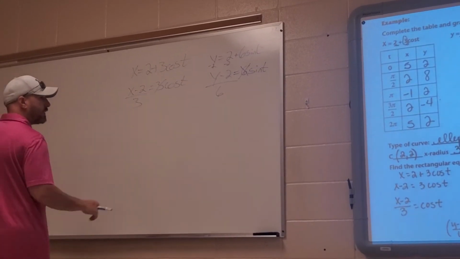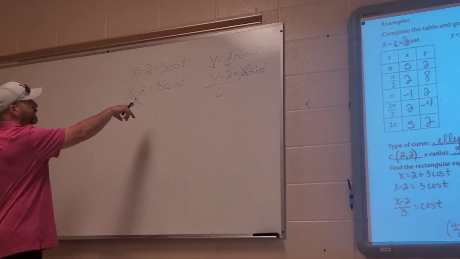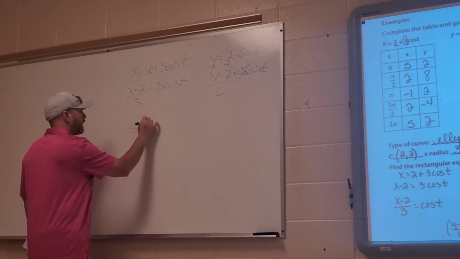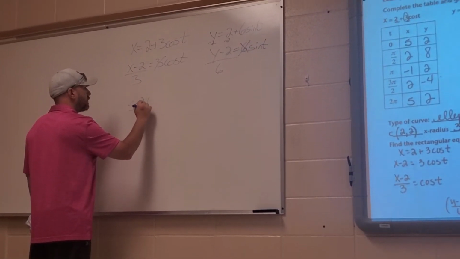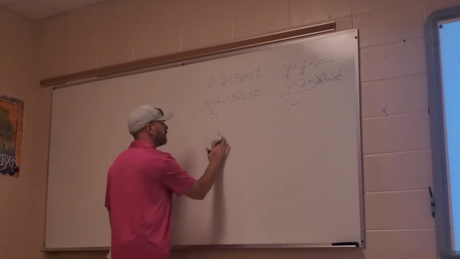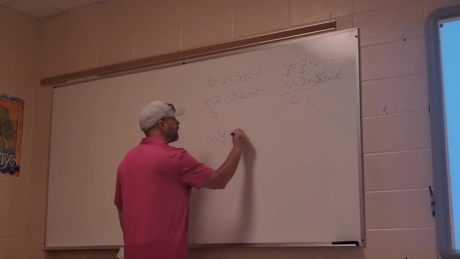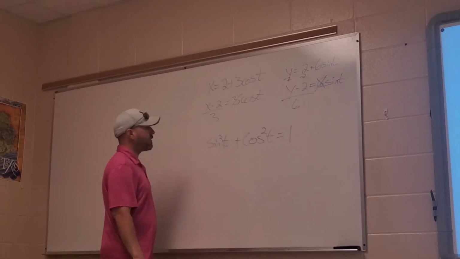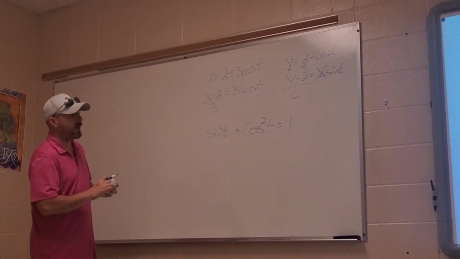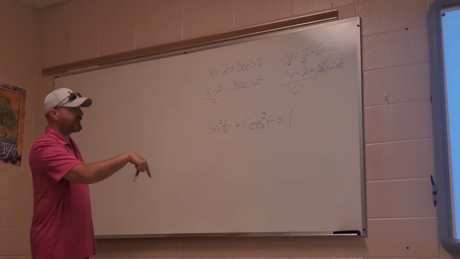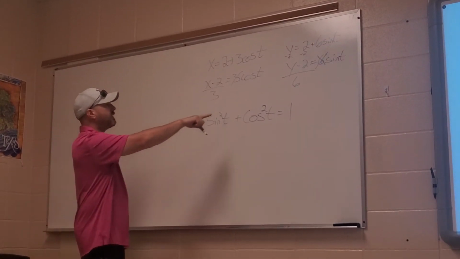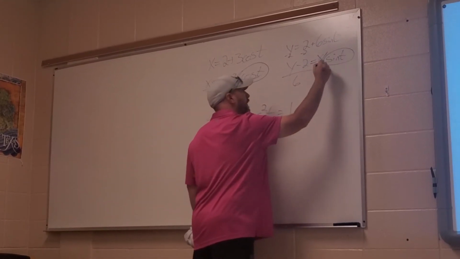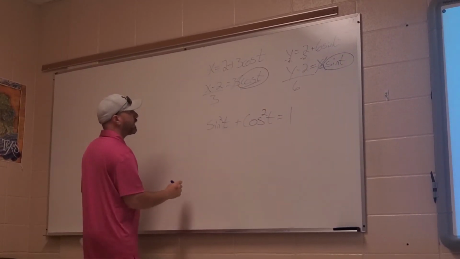Okay, so now we do the same thing we did last time, where we had that sine squared plus cosine squared equals 1. Except now you have to put in sine and cosine right here. Okay?